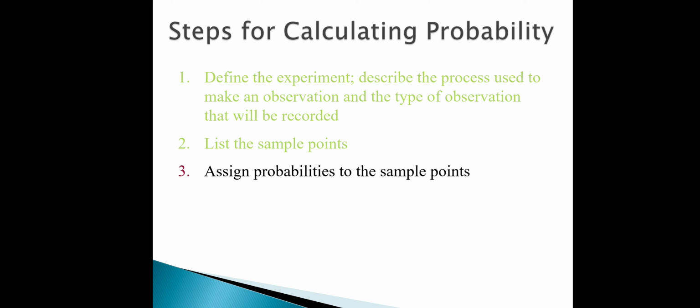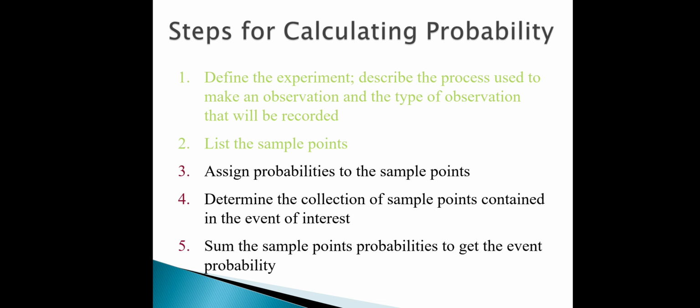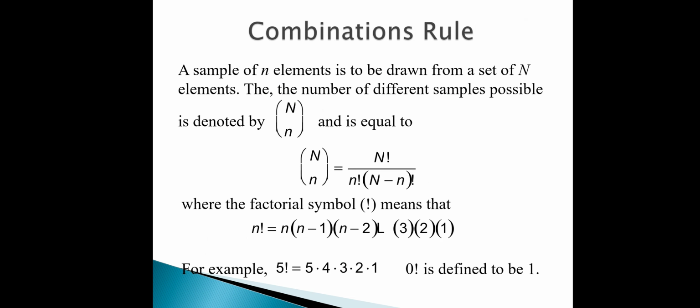Assign the probabilities of the sample points. Determine the collection of sample points contained in the event of interest. Sum the sample point probabilities to get the event probability. And now the combination rule, which is related with probability.